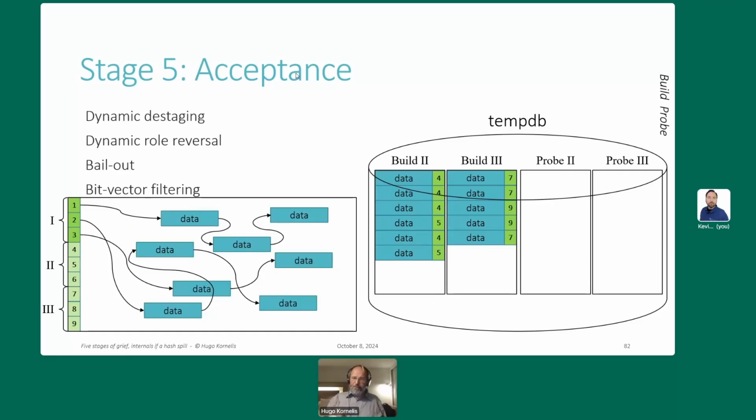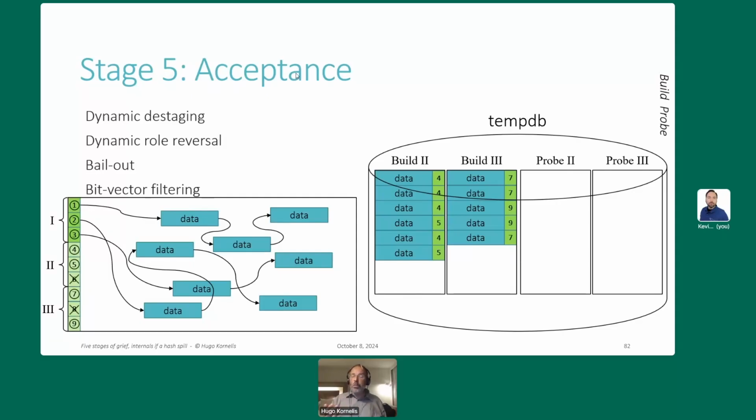However, I lied a bit to you thus far, or rather, lying by omission. I didn't mention one little thing. In the hash table, SQL Server also tracks for each bucket whether it has rows or not.